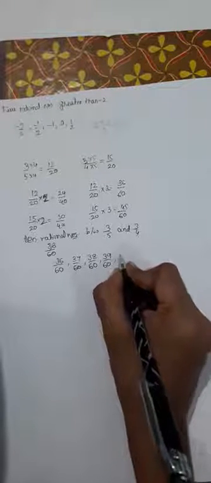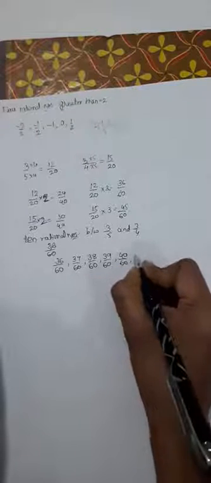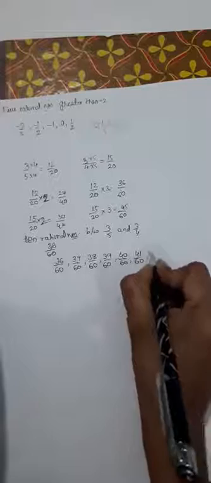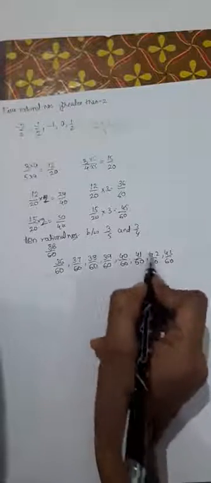Like that you will get 10 rational numbers. 40 by 60, 41 by 60, 42 by 60, 43 by 60. 1, 2, 3, 4, 5, 6, 7, 8.